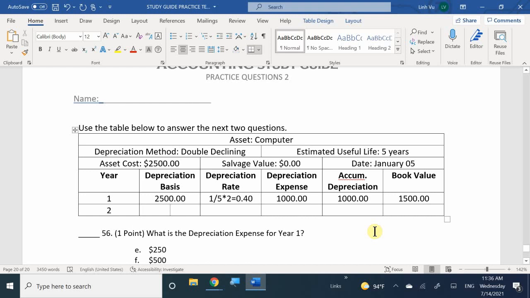Your depreciation basis for the second year is 1,500, and the rate stays the same, and then the expense is 600. Okay, so that gives you a total of 1,600, which now, what is your grand total for your book value for year two?